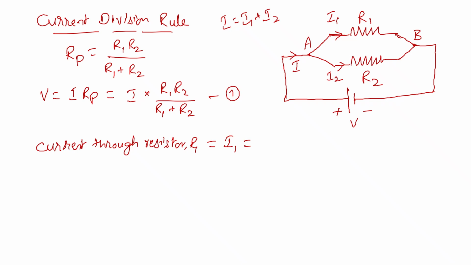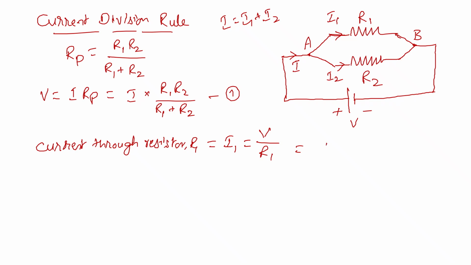Now as they are connected in parallel, the voltage across each element in a parallel branch will be equal. Therefore I1 equal to supply voltage V by resistance R1, and we have the V value as I into R1 R2 by R1 plus R2 from equation 1.